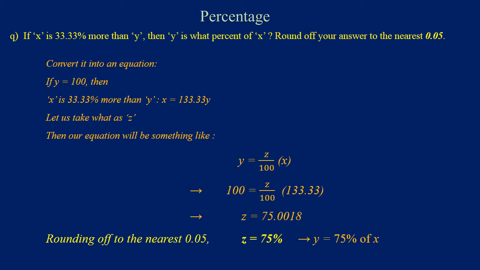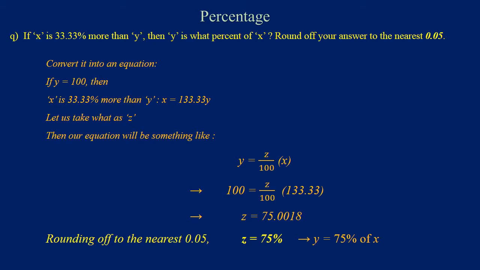So in equation form, we'll simplify it something like y is equal to z over 100 into x, and because we already know that y is 100, because if x is 133.3%, that means y is 100, right?